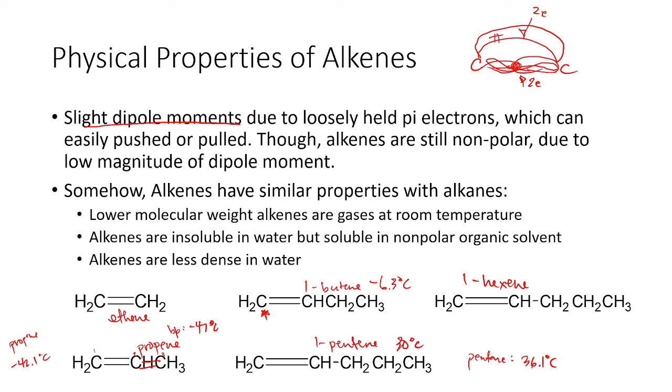But when it comes to larger alkanes, wherein we have here 1-pentene and pentane, nagkaroon actually ng slight difference wherein mas mataas na naman yung intermolecular forces ng pentane kaysa sa pentene. And for hexane, 1-hexene has a boiling point of 63 degrees, and hexane has a boiling point of 69 degrees Celsius.